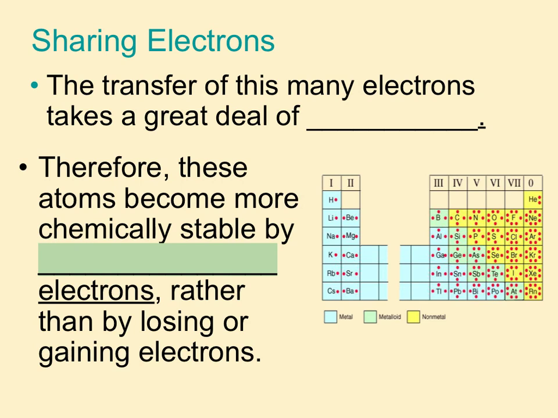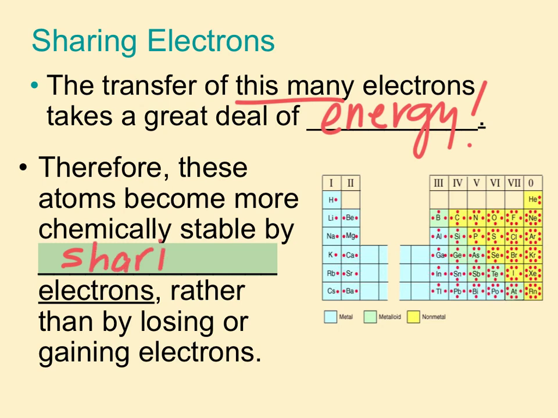What we know here is the transfer of that many electrons, 3, 4, or 5, takes a lot of energy from the atom. We know atoms like to do the least amount of work possible. They are lazy. Therefore, these elements work together to become more chemically stable by sharing their electrons.